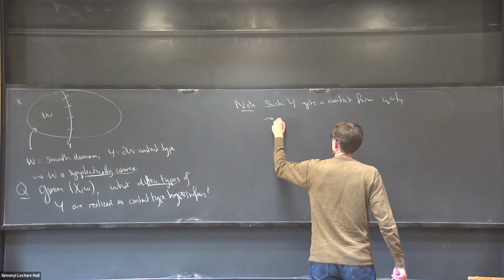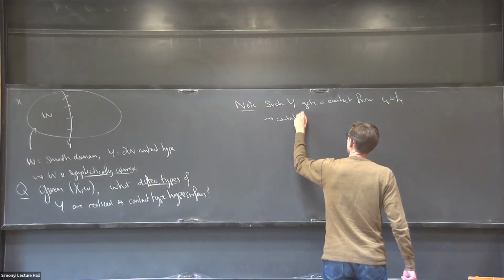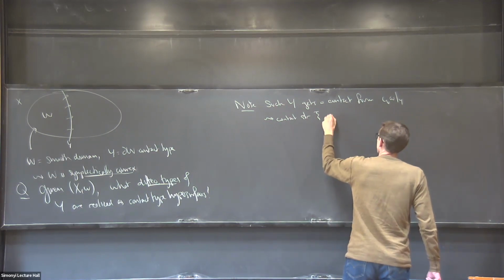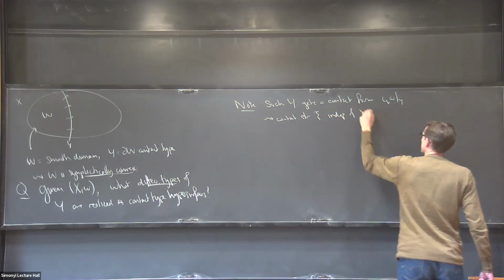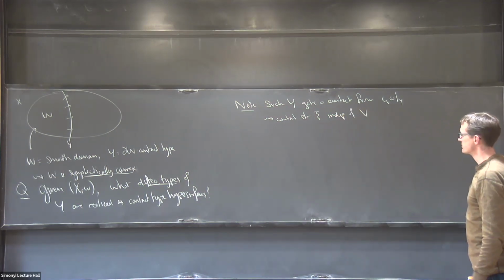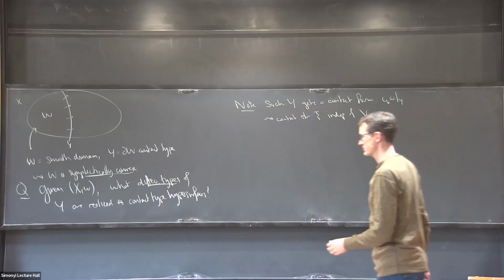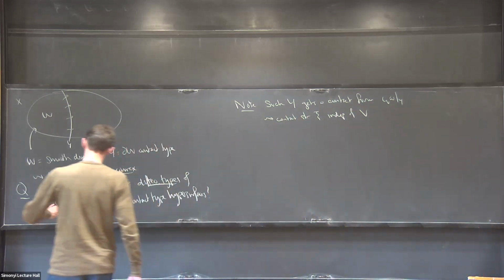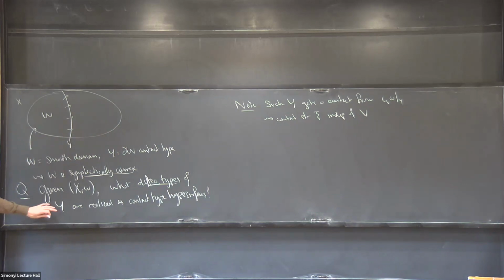So contact structure. But I'm not assuming that this is given ahead of time. So I'm not fixing the contact structure on Y. If you put it into X as a contact type hypersurface, a contact structure arises, but I'm not fixing it ahead of time.